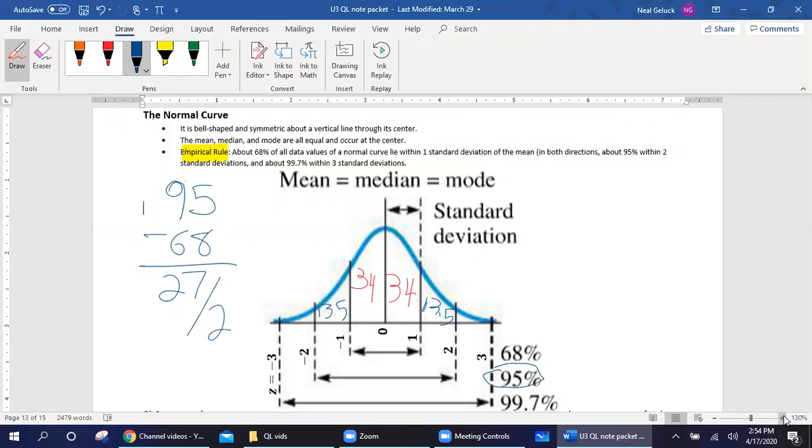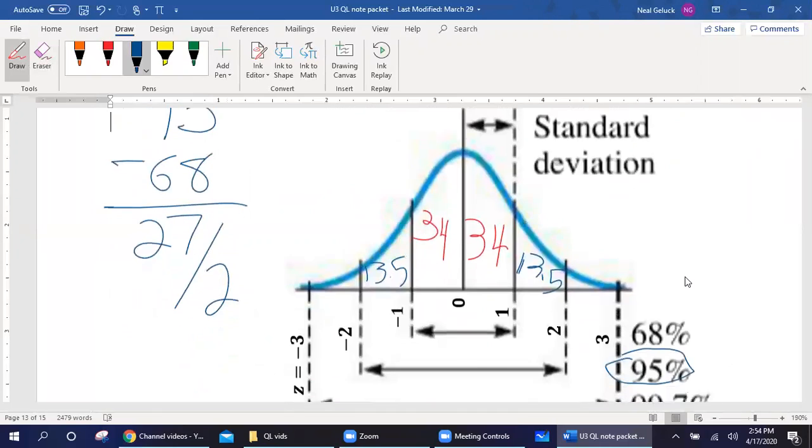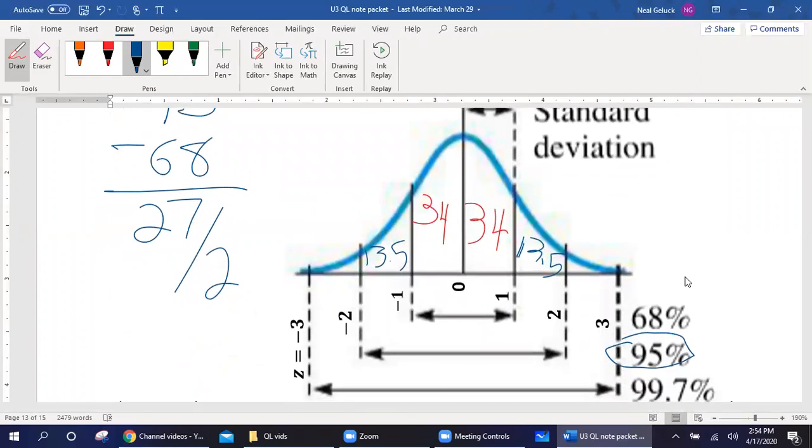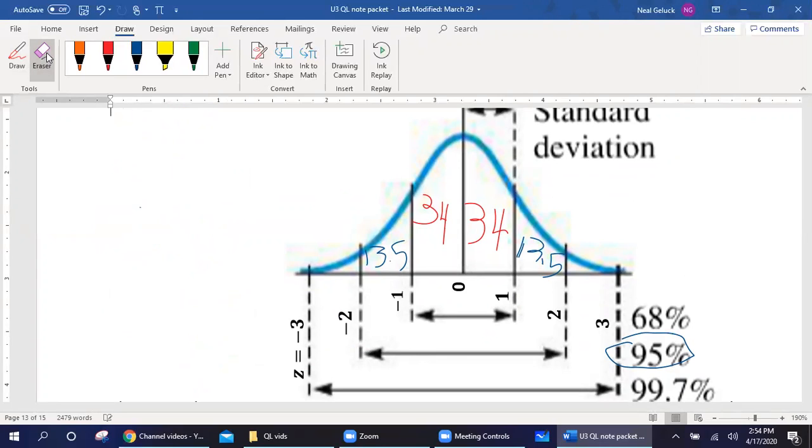I'm going to zoom in because these next parts are going to get even smaller. Now, if I go out 3 standard deviations, now I'm at 99.7%. But that 99.7% includes the 95%, so the same process I just did.